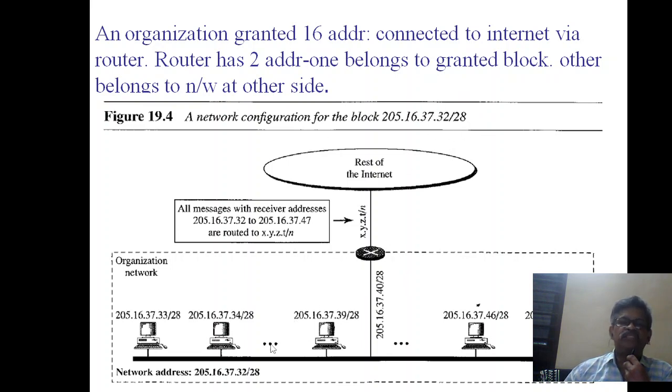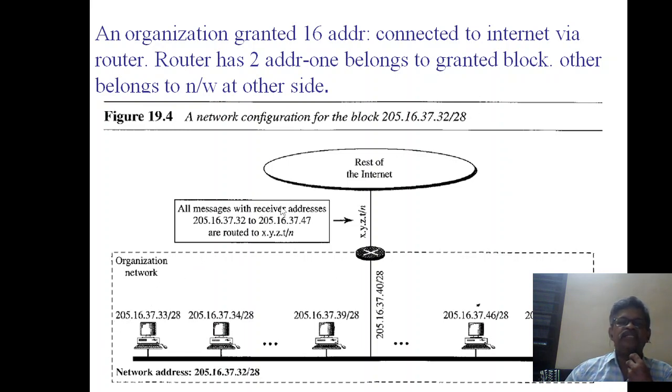Based on this mask /28, 33 to 47 are given to the hosts within this network. However, 32 is not given.